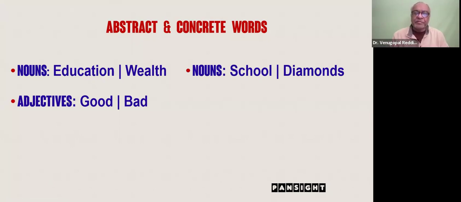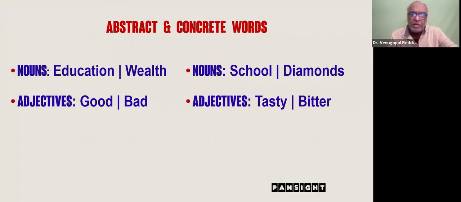And wealth: she has a diamond necklace, which is enough to show that she is wealthy. A diamond you can see, touch, and feel, but wealth is abstract. Diamond is concrete. Education is abstract. School is concrete.